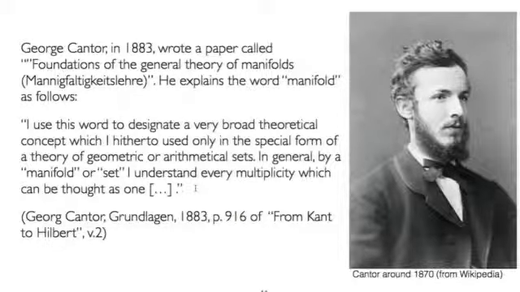Now, eidos is most often translated into English in modern philosophy as form. So the translation of that would be that he feels that what he's trying to develop is a general theory of forms, which would go very well with what Grassmann had said.